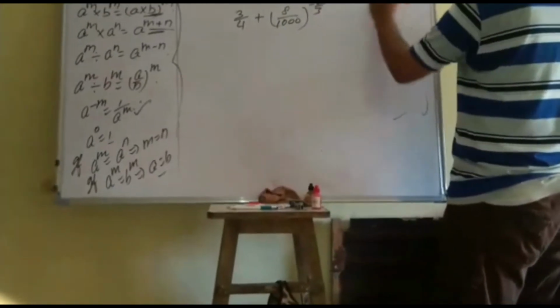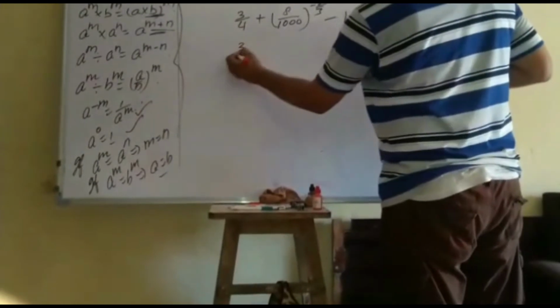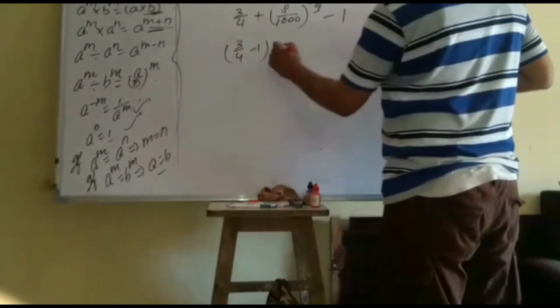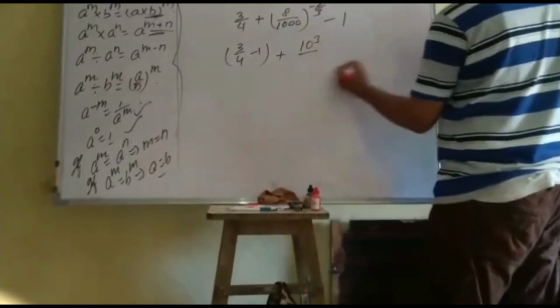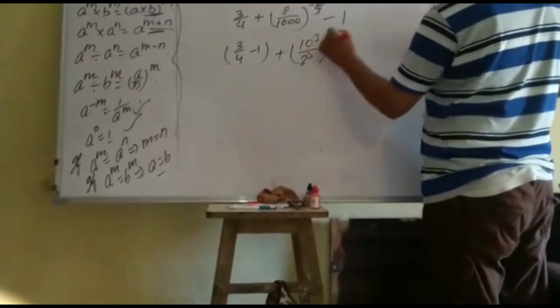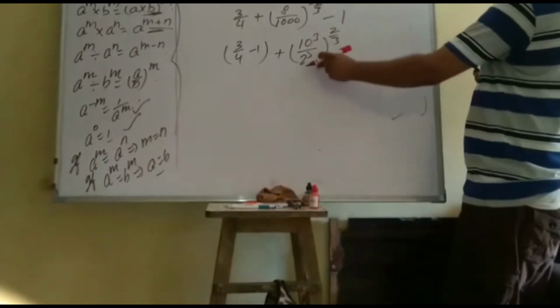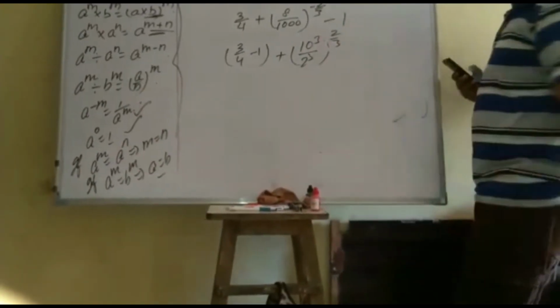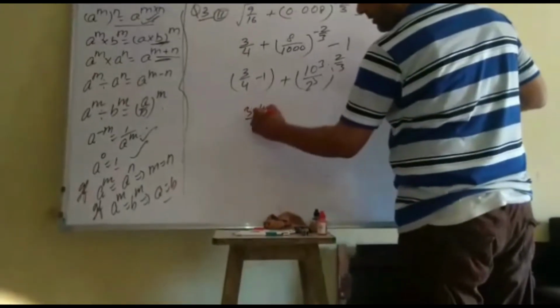And any number having power 0 is 1. Look here. So 3 by 4 minus 1. Now the minus sign means reciprocal: 10 cube upon 2 cube raised to power 2 by 3. See, reciprocal means only these terms will be reciprocal, the power will not be reciprocal. So 4 is the LCM, 3 minus 4.